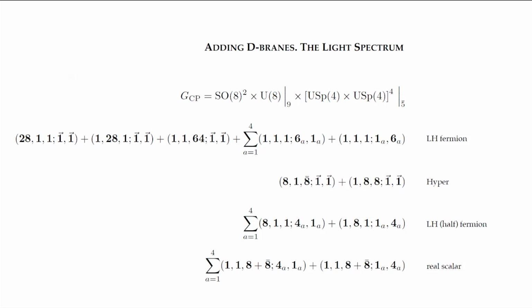So here you don't see moduli associated to the position of the anti-D5s, which cannot be moved around at all, okay?